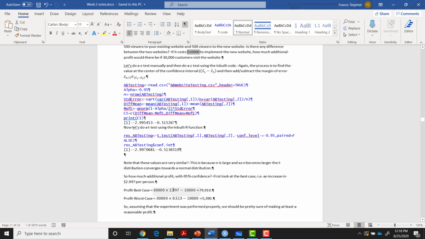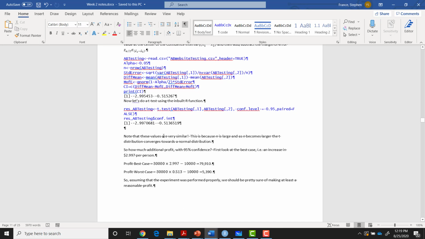We're going to do a bit of profit and loss. This was the lowest increase for website 2 over website 1 in the confidence interval, and this was the highest increase. We work out how much extra profit we'd make from website 2 and subtract the cost of implementing website 2. So there we go. That is the two-sample confidence interval.